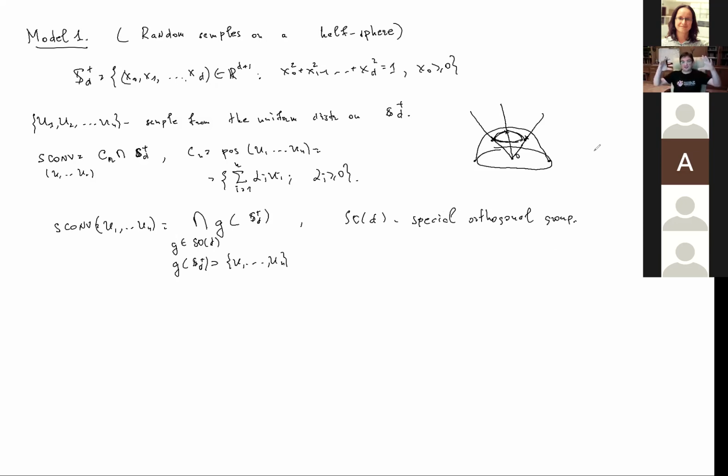You take a half sphere, you take an independent sample on this half sphere, and then you rotate this half sphere such that the image contains the sample. And now you take the intersection of all these rotated half spheres. And this will be the spherical convex hull. In particular, in 3 dimensions, these lines are arcs of great circles, and more generally, these are also arcs of great circles in d-dimensional space.